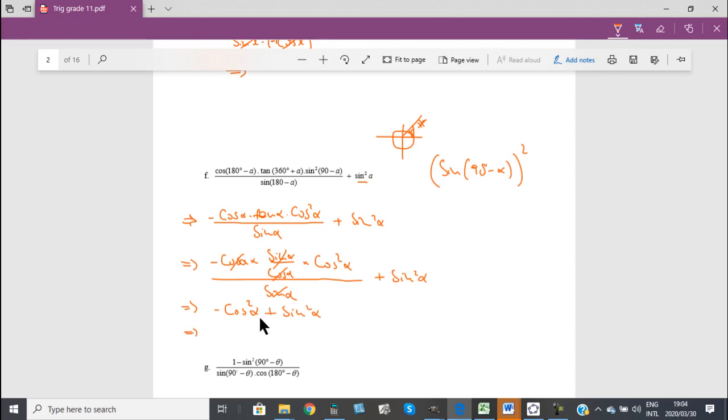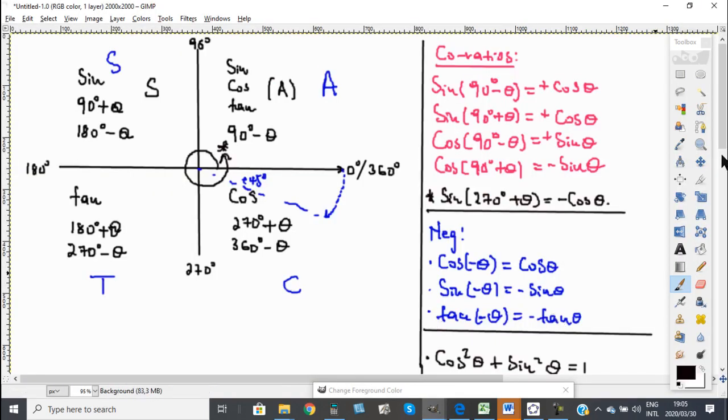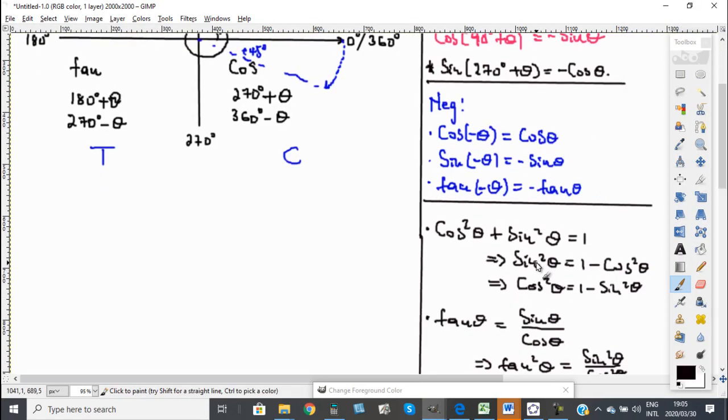Notice that we cannot say this is 1 because it's not cos squared plus sine squared. Okay, so we can't say 1, but we have to reduce it to just one trig ratio. So we can choose to change either sine to cos or cos to sine because we have both of them.